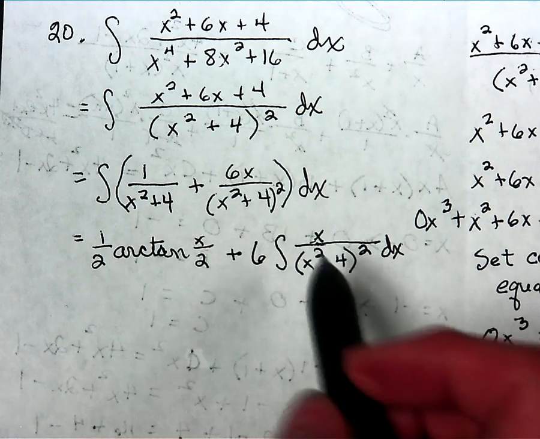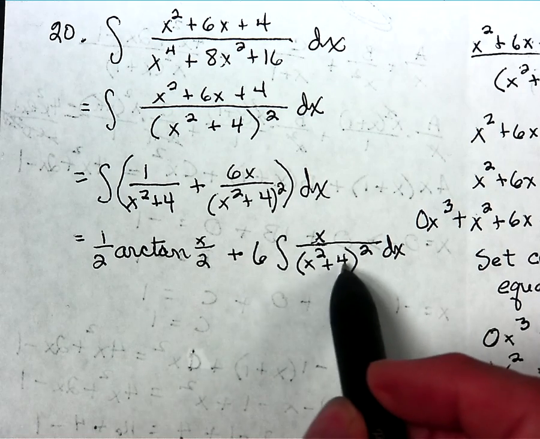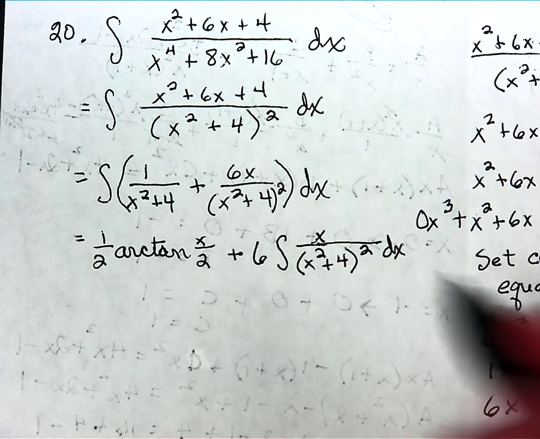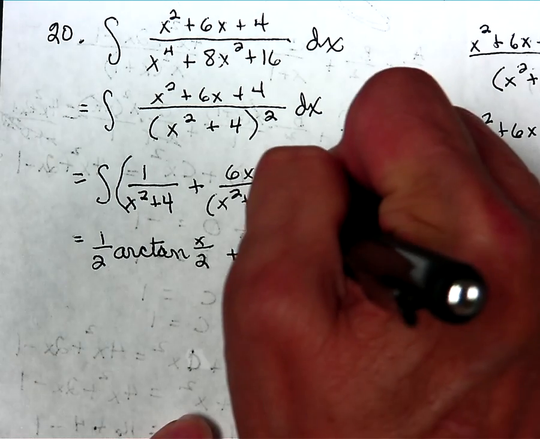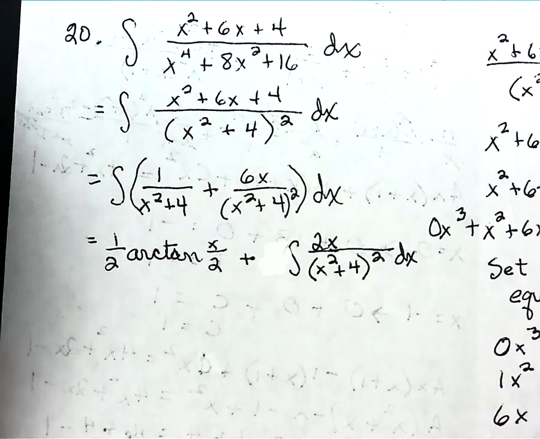If U is the x squared plus 4, then what's du? 2x. And so instead of taking out a 6, I could have just taken out a 3.